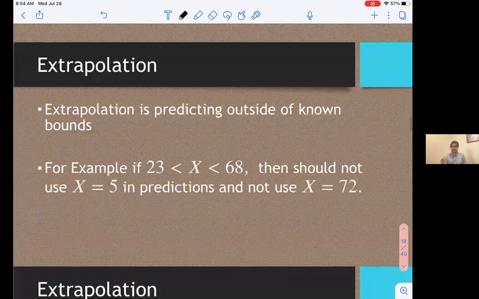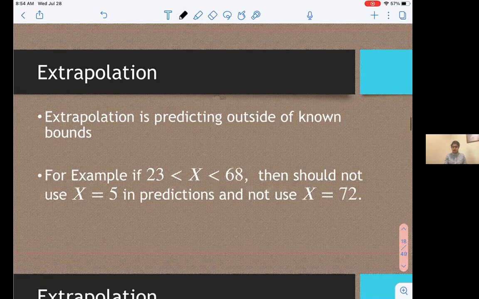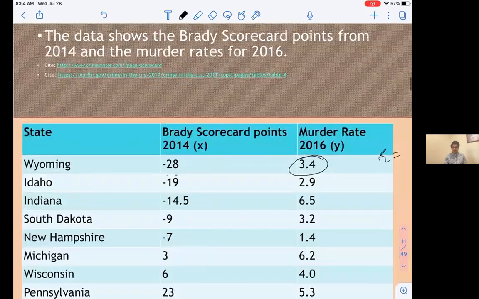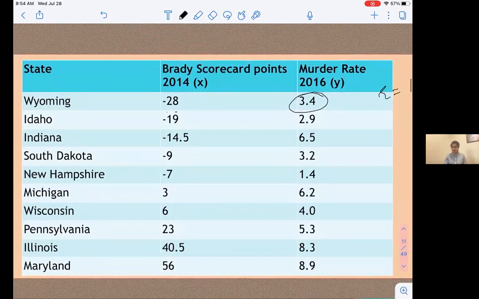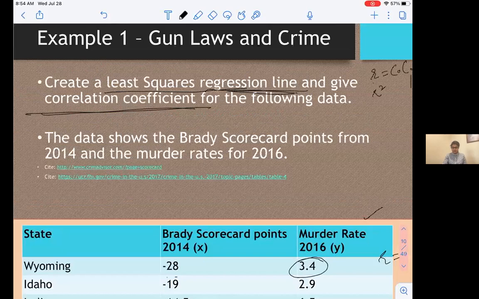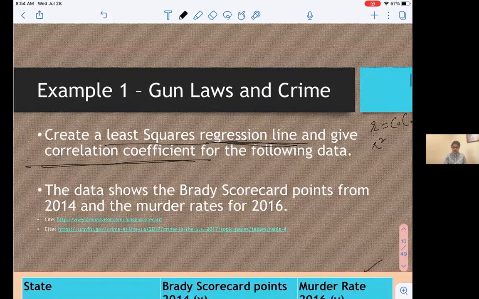Another thing we can see is extrapolation. Extrapolation is predicting outside of known bounds. For instance, in our example number one, we have Brody scorecard points and the murder rate in some state.